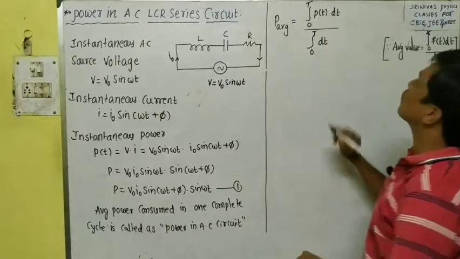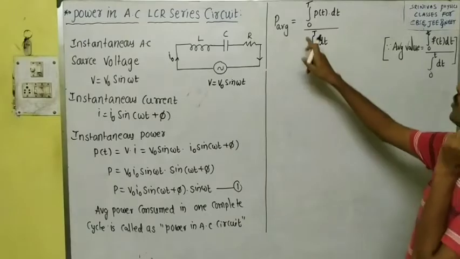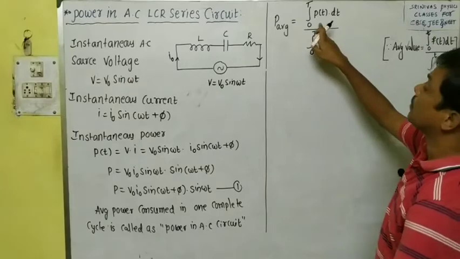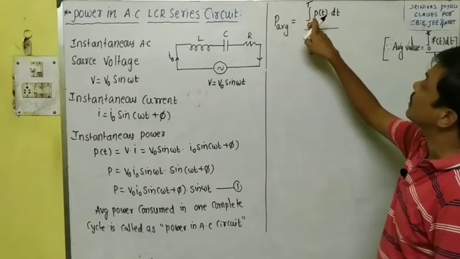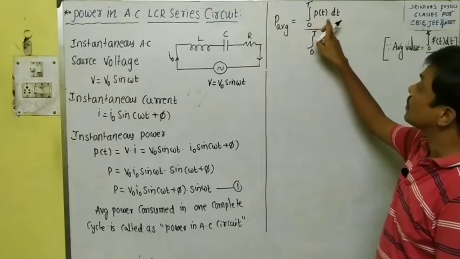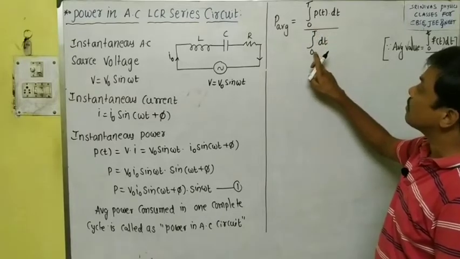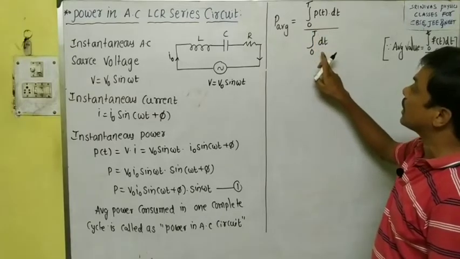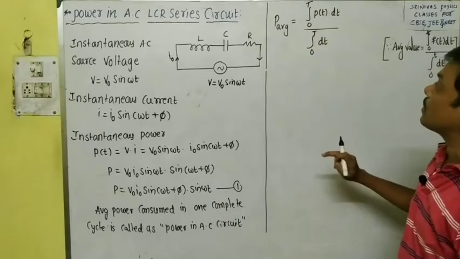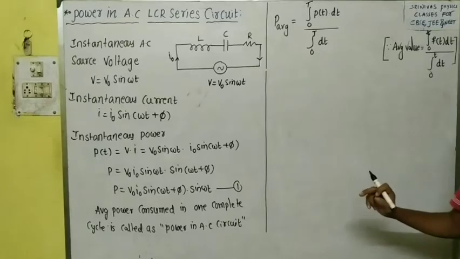This is the formula to find out the average power. If you want to find out the average of a certain function in a certain period of time, we have to do the integration of f(t) dt from 0 to T divided by the integral of dt from 0 to T. This is the formula, and we have to use it here.